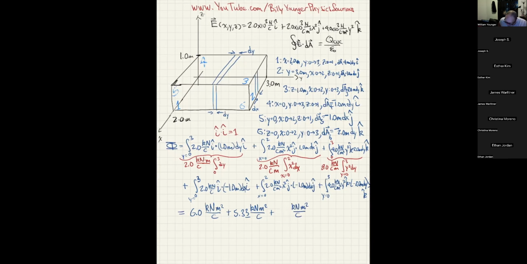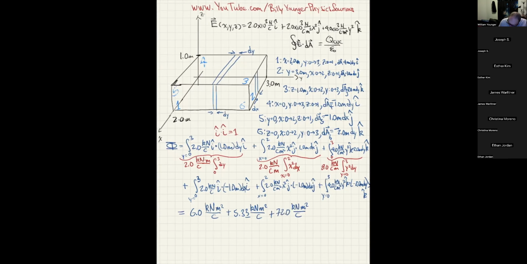So I had an 8, 4.0 times 2 is 8, but now I'm integrating y squared from 0 to 3. So that'll be 1/3 y cubed. So I'll take 3 times 3 times 3, which is 27. Then I'll divide that by 3, which is 9. So I got 9 times 8. This will be 72 instead of what I said before. 72.0 kilonewton meters squared per coulomb.